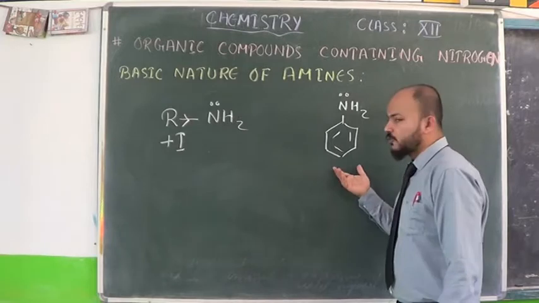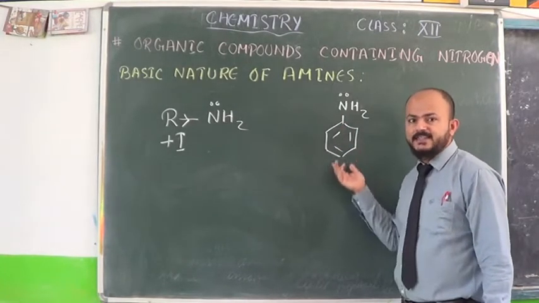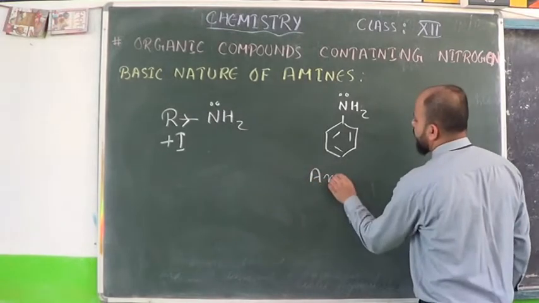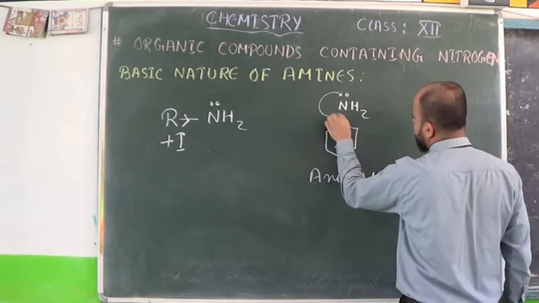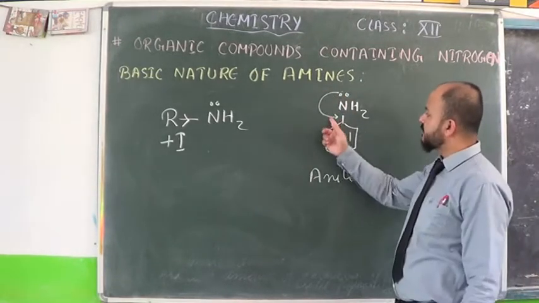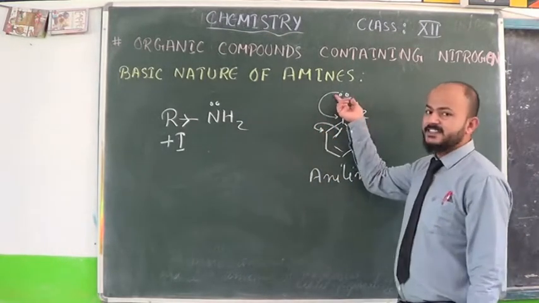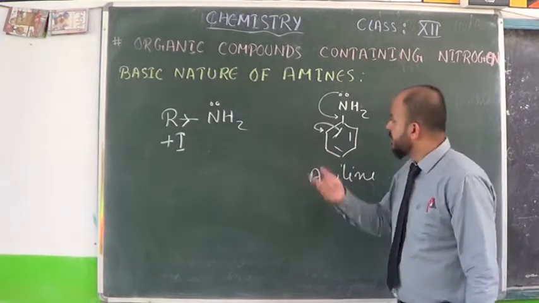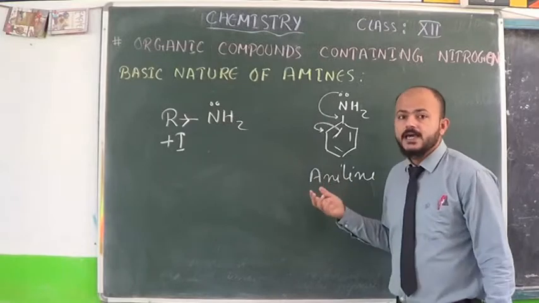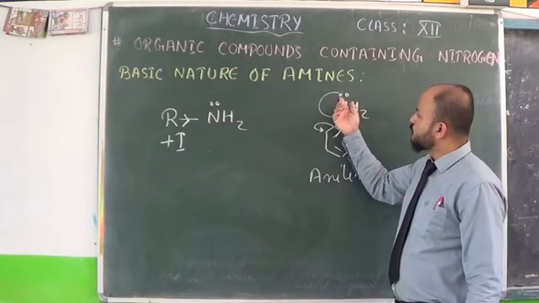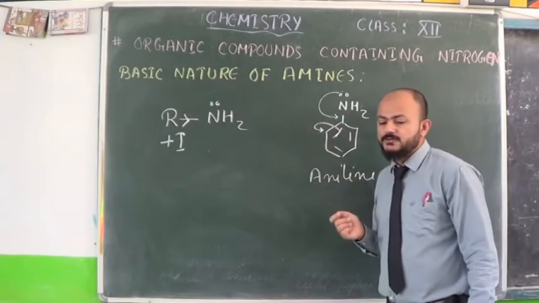Now whenever we come to the aromatic amine, this is aniline in particular, the lone pair over nitrogen is not freely available as it takes part in resonance with the benzene ring. So this lone pair, you can see it here, resonance I already taught you. These two electrons over nitrogen will be taking part in resonance inside the benzene ring.